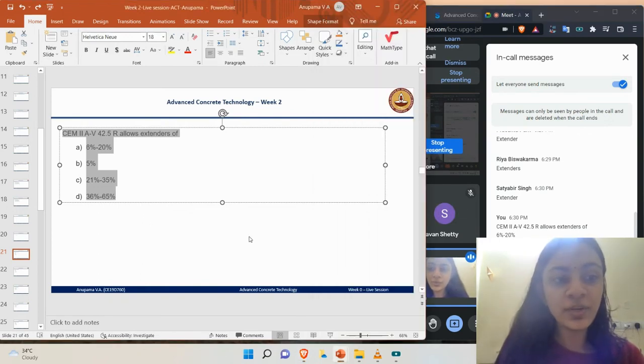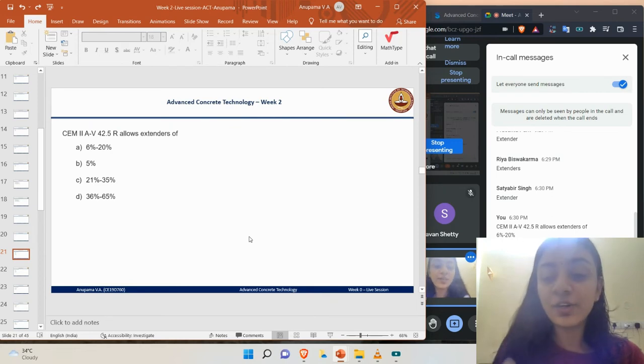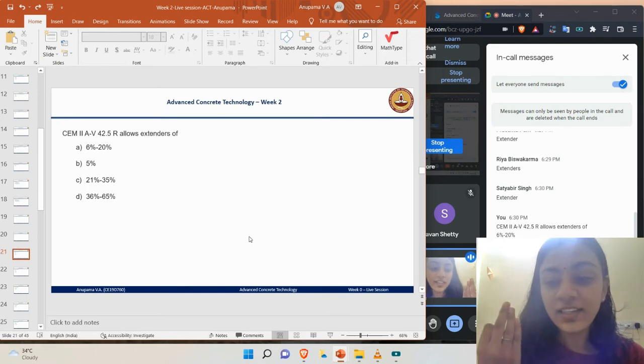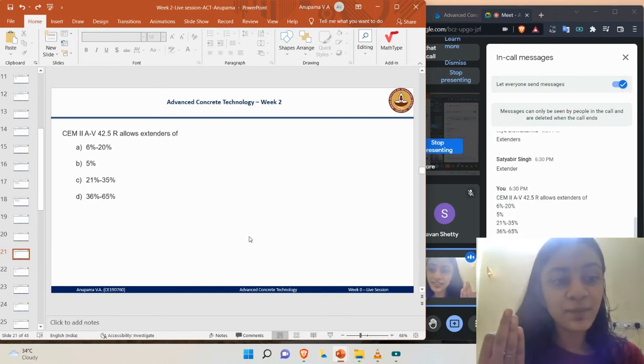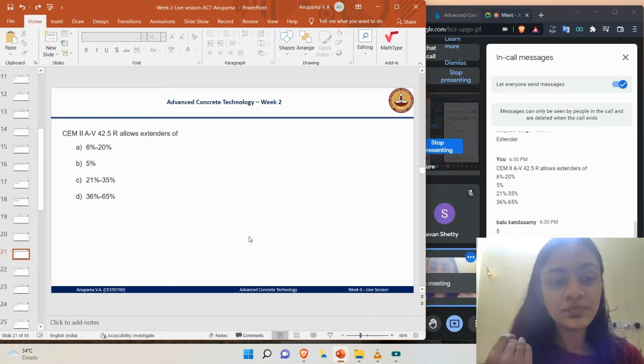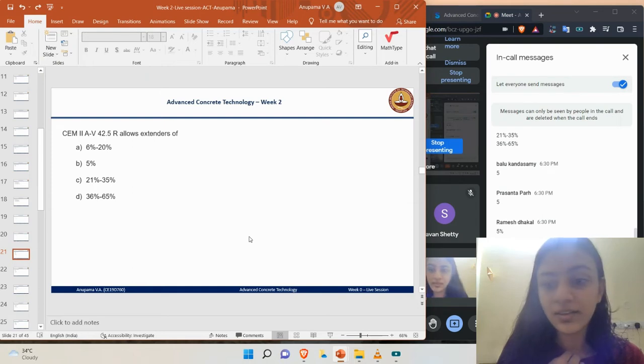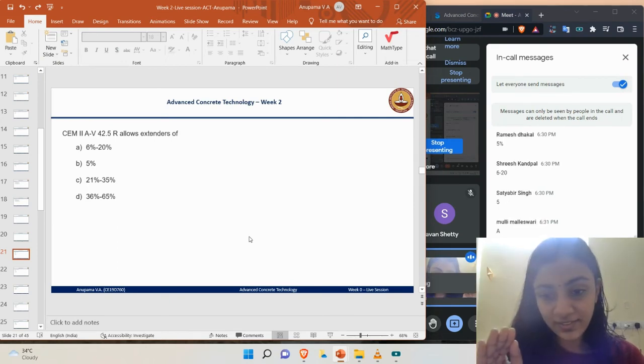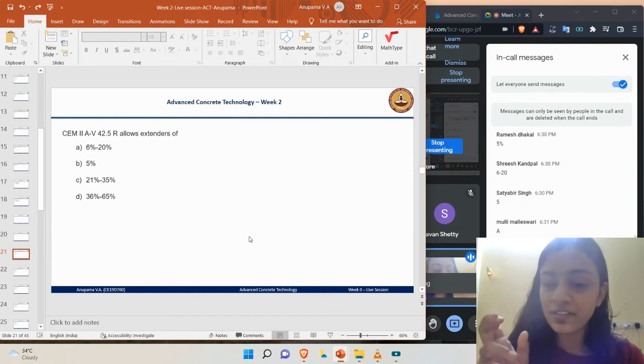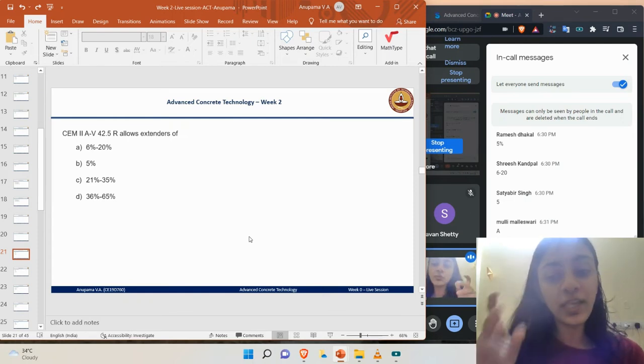SEM 2A hyphen V 42.5R allows extenders of option A 6% to 20%, option B 5%, option C 21% to 35%, and option D 36% to 65%. Make sure the amount of extenders can be found from the first part, that is SEM 2A.